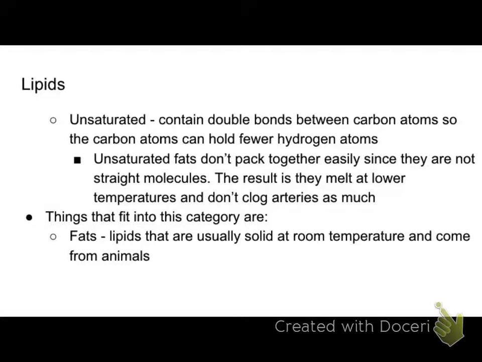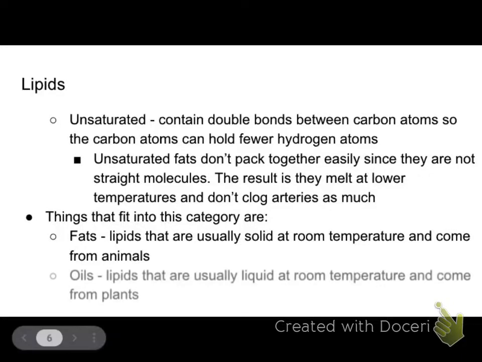Most animal fats are saturated fats, okay? Which is why you'll hear people who are having heart issues complain that their doctors won't let them eat as much bacon, right? Lots of saturated fats in there, okay?